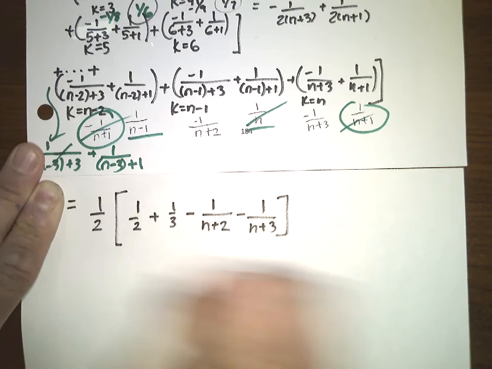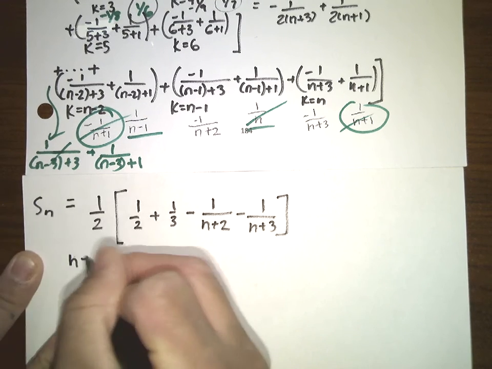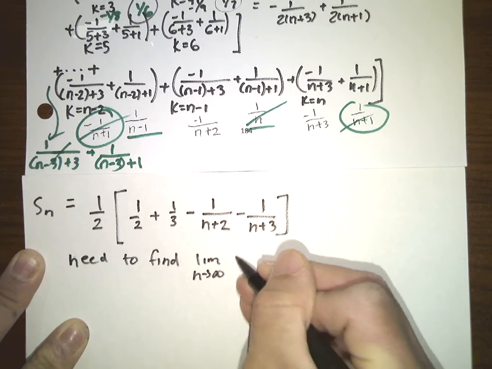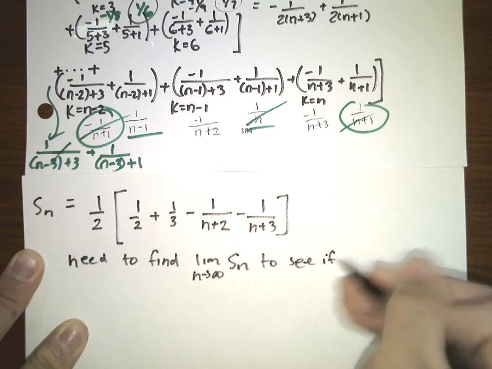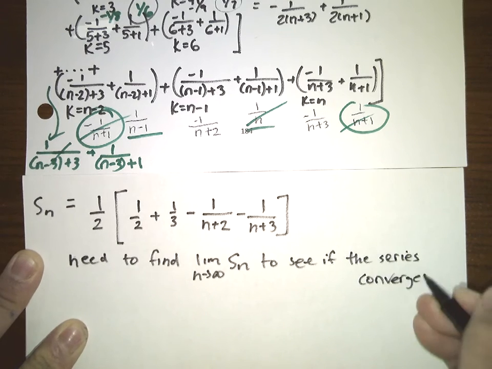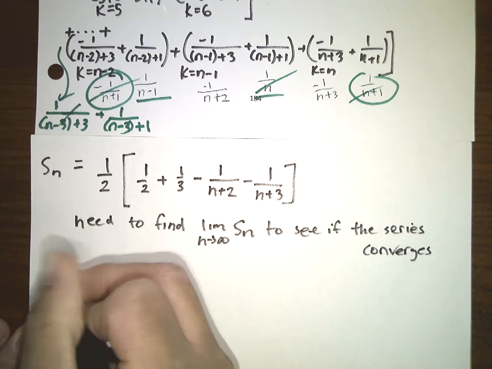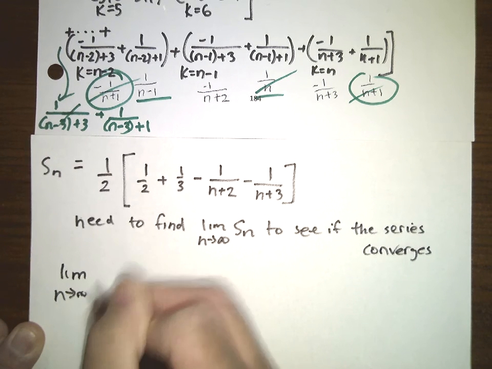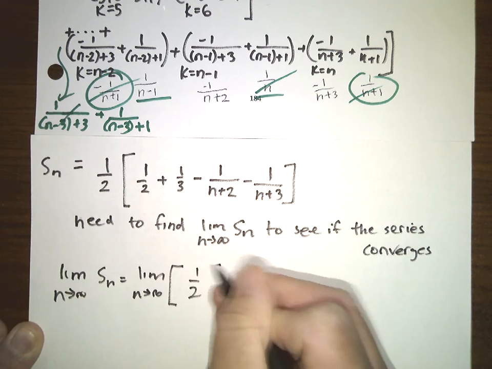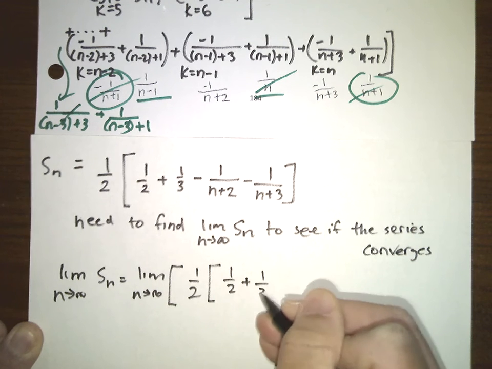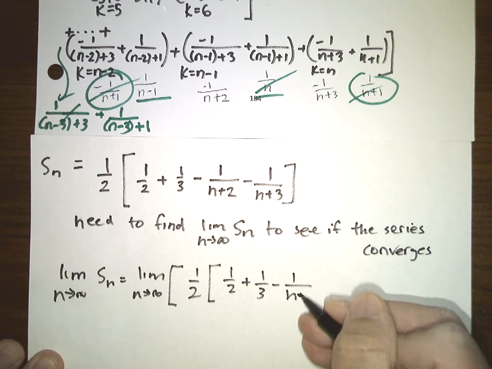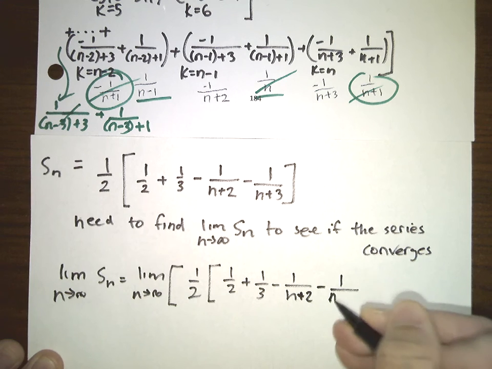Now remember this was Sn, so we need to find the limit as n goes to infinity of Sn to see if the series converges or not. So it's the limit as n goes to infinity of 1/2 times a half plus a third minus 1 over n plus 2 minus 1 over n plus 3.